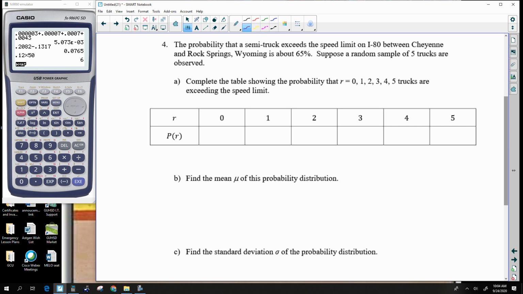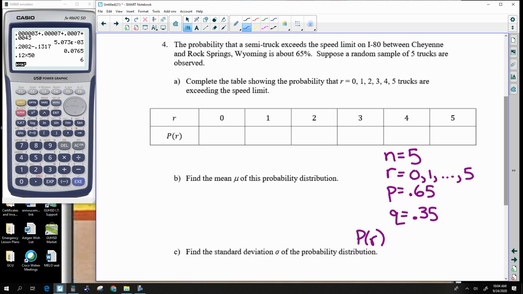Okay, here we're looking for the number of successes. So what I have in this situation is n is 5 trucks. So the number of successes is 0, 1, all the way up to the number 5. The probability of success out of this is 65%. That means failure is 35%. The formula that I'm using for this general probability is nCr, p to the r, q to the n minus r.